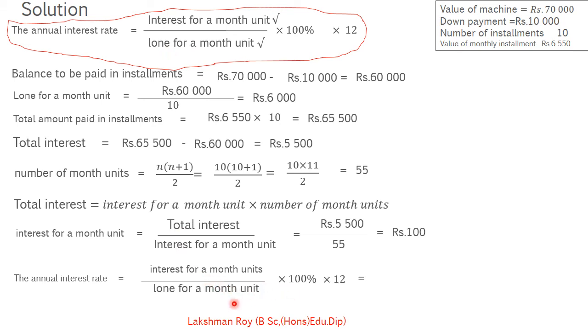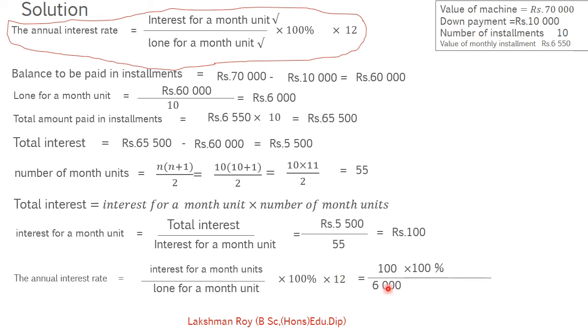Now I am going to substitute. The interest for a month unit is 100 rupees, divided by the loan for a month unit, which we found to be 6,000 rupees. That should be multiplied by 100 and also by 12.